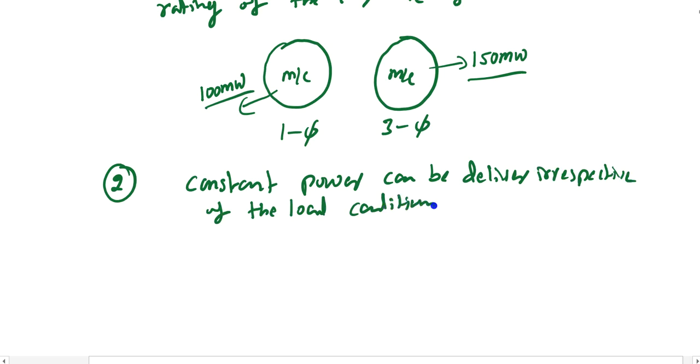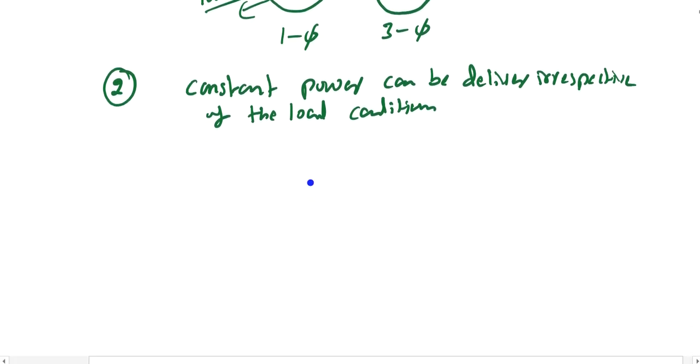Because if you have the three-phase system, sometimes the load may be more on the A phase as compared to B and C. Therefore, some load unbalance could happen. Even though there is a load unbalance in the three-phase system, still constant power can be delivered as compared to your single-phase system. That is also one of the important advantages.